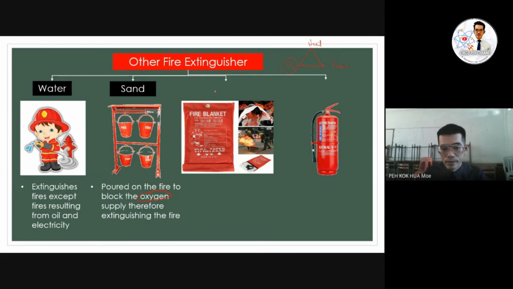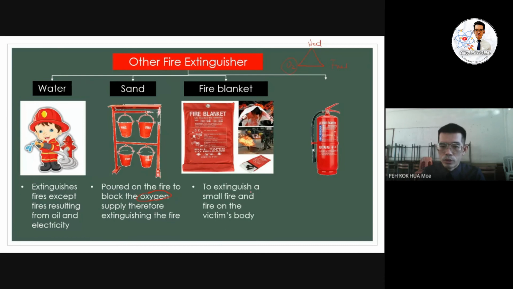And the fire blanket is able to extinguish a small fire and fire on a person's body. You can see in the figure that the fire blanket also cuts off the oxygen to the fire. And last here we have the ABC. You can look at the label, ABC fire extinguisher.